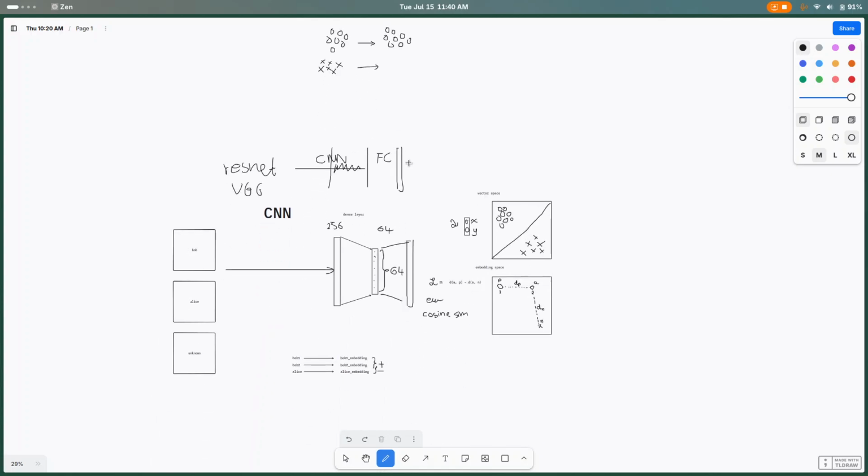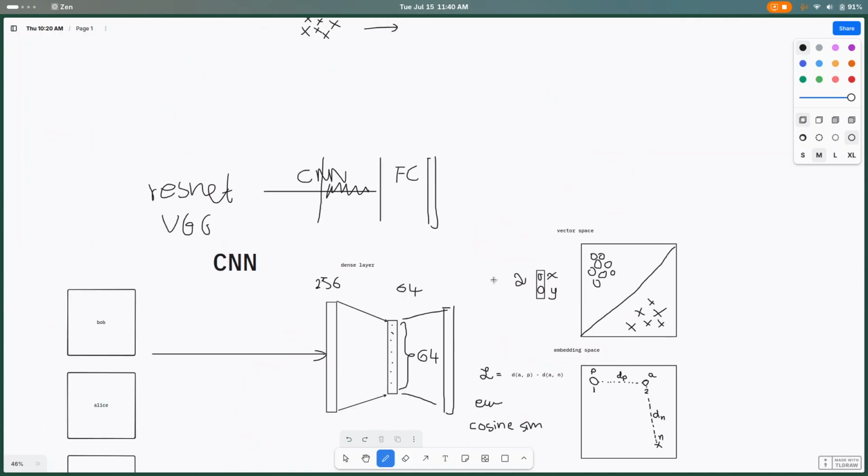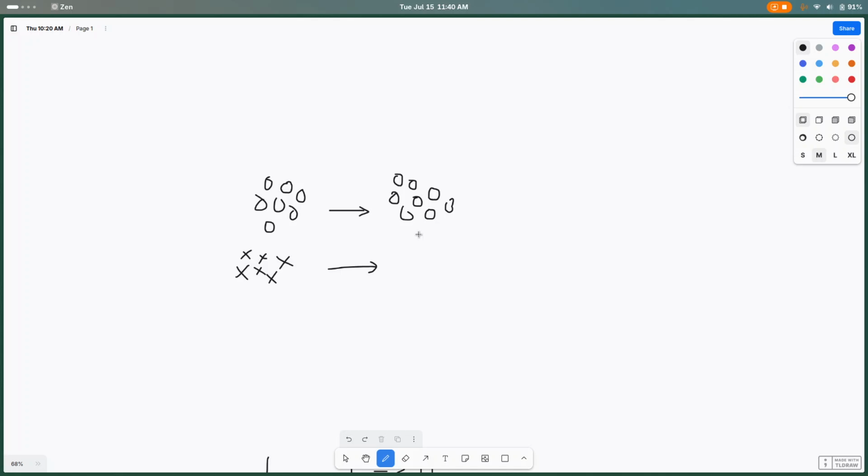We essentially modified our model, with some insight from the mathematics of how points are in this space, in such a way that we can use it later without having to worry about the number of classes. Whether there are 2 people, 5, 10, or a million, it doesn't really matter.